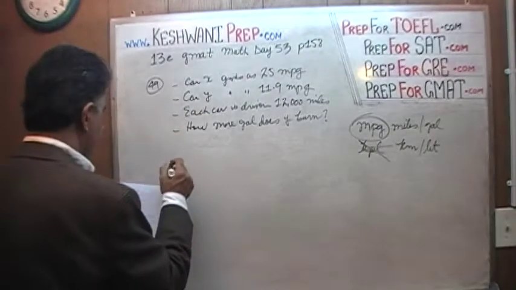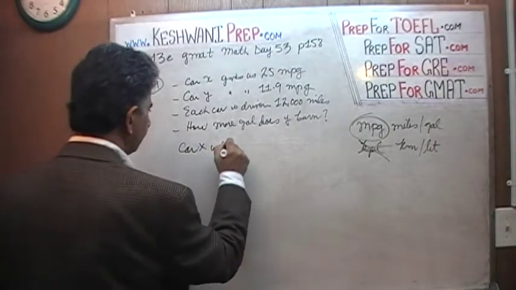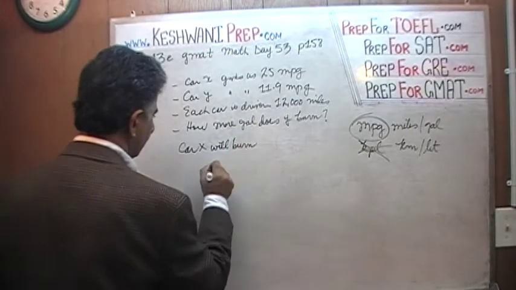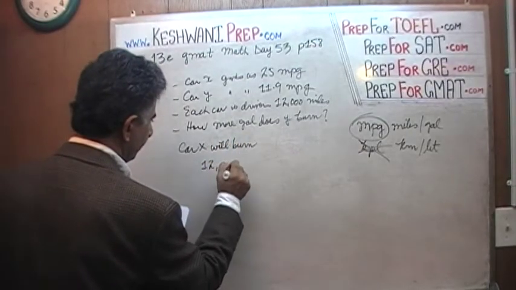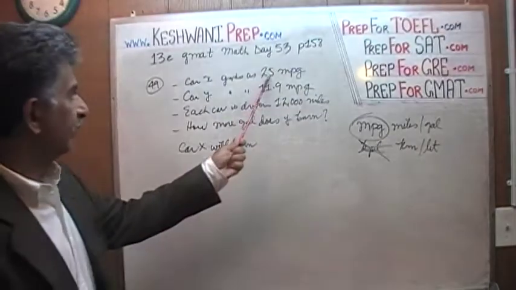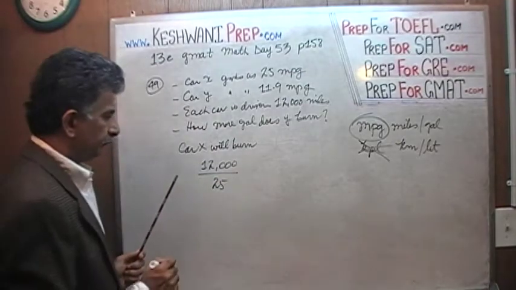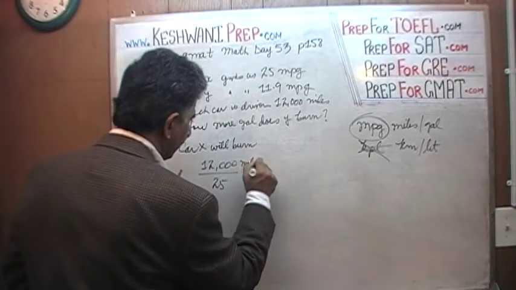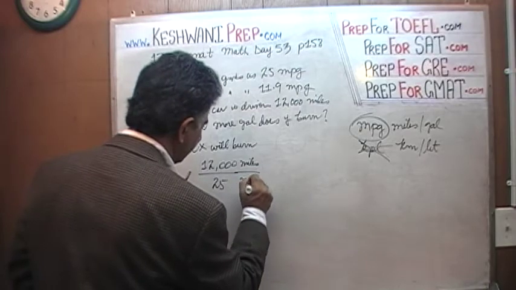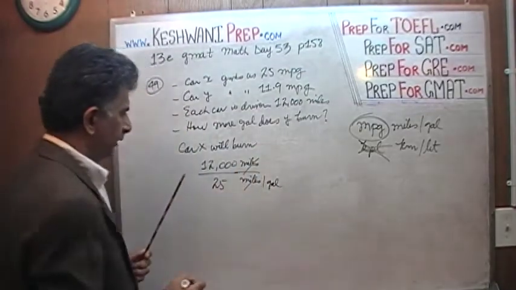So here's your car X. Since we are making a 12,000 mile journey, and car X gives us 25 miles a gallon, the miles are going to cancel out and the gallons will end up on top.